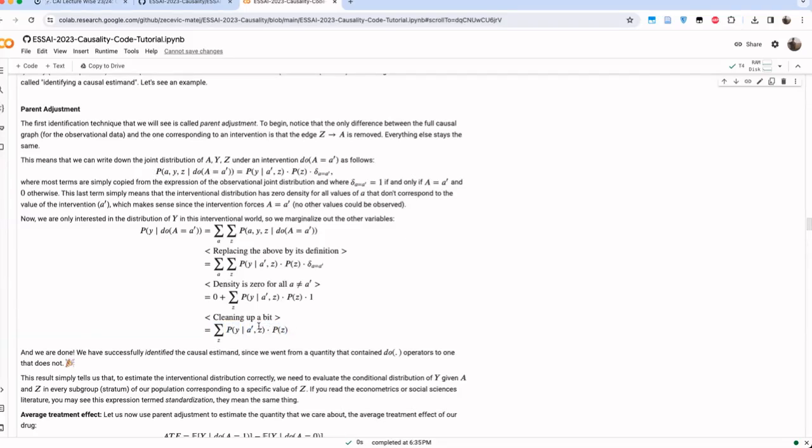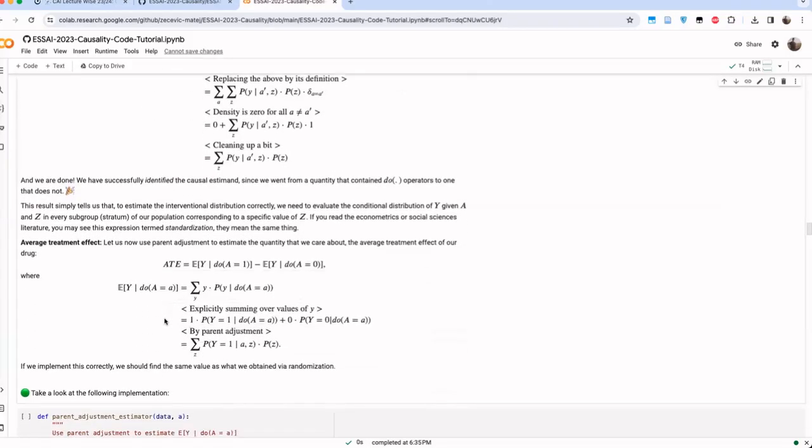So we are saying that if we consider the group Z and then just reweight by the probability of any Z without the backdoor to A, then this quantity for that graph, if that graph is the true graph, will correspond to the causal effect, right? And that is what we call identification, right? So we are figuring out how to get rid of the do essentially on the left-hand side. So here you see there's no do anymore, and we're only using things that we know about, right? We measure Y, A, and Z.